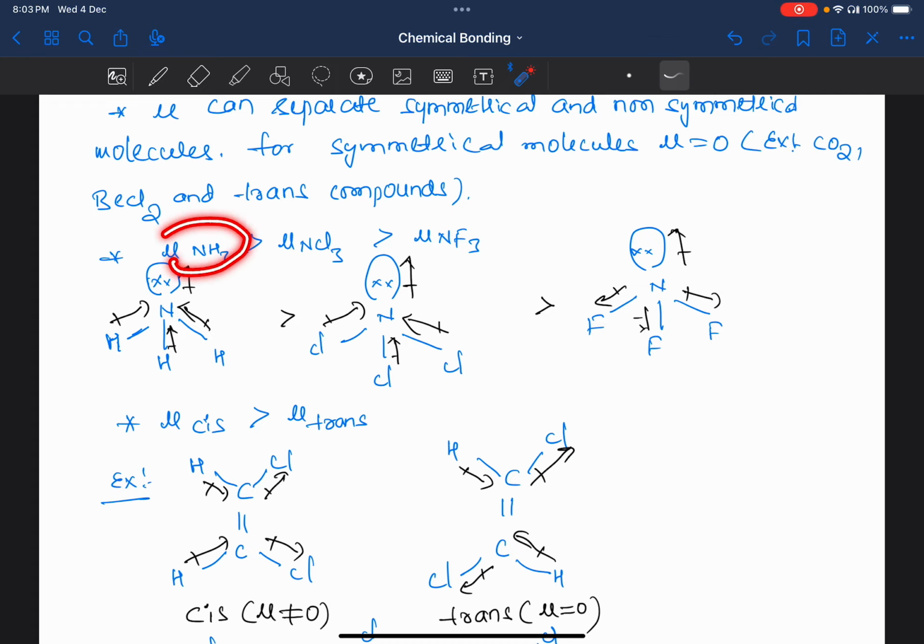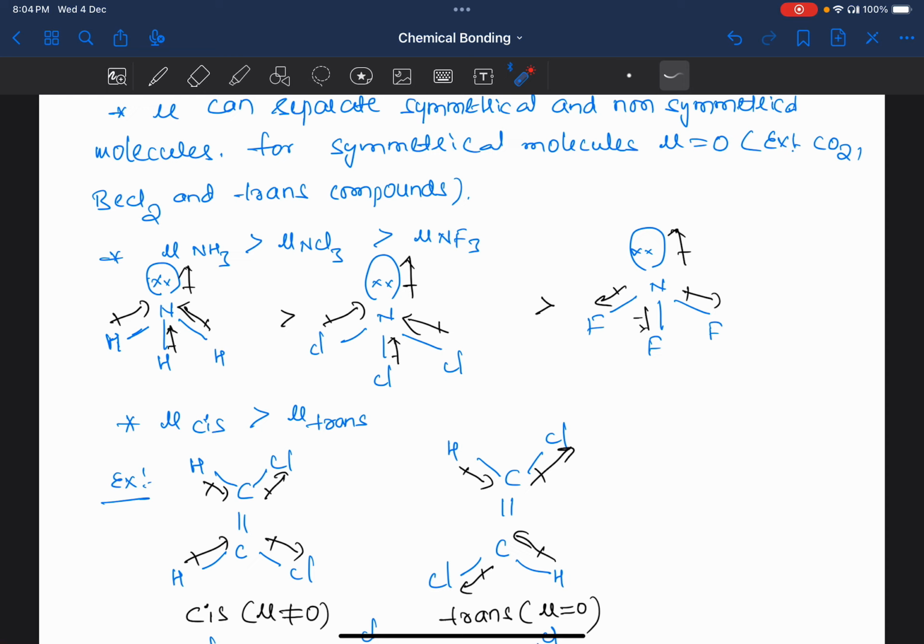Next, here is one more example I took: we compare the dipole moment of ammonia and the dipole moment of nitrogen trifluoride. The dipole moment of ammonia is more than that of nitrogen trifluoride.